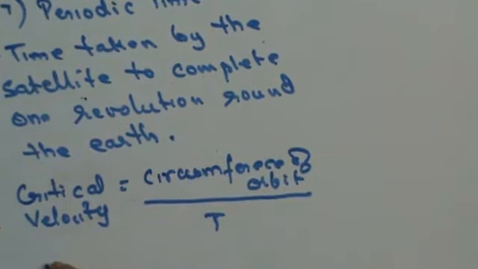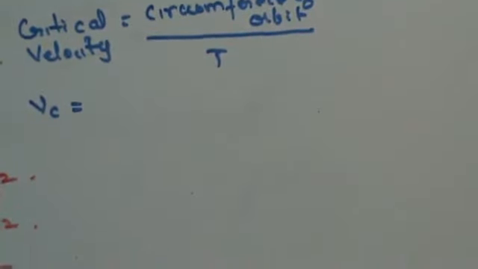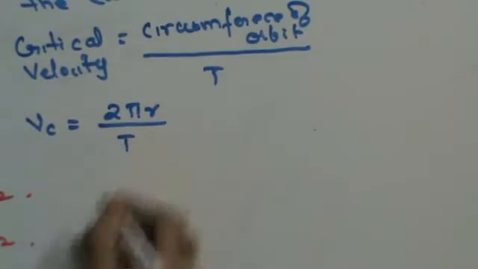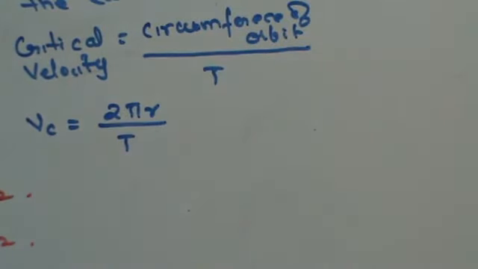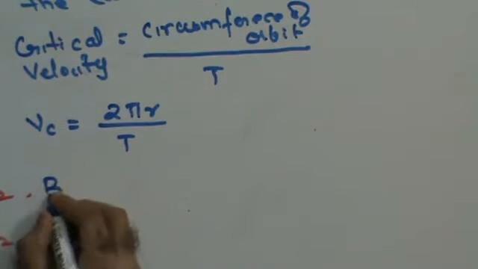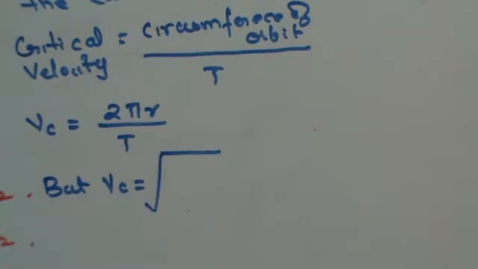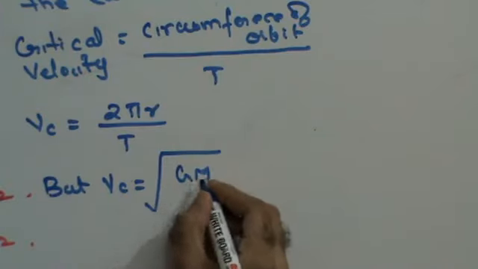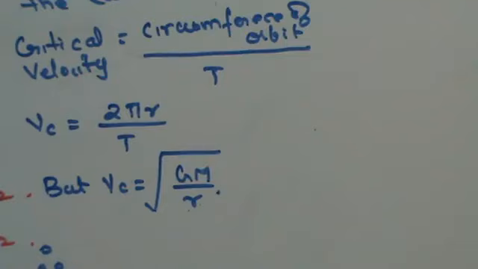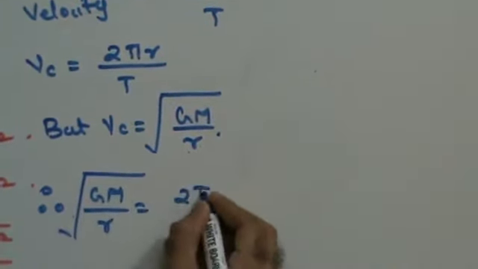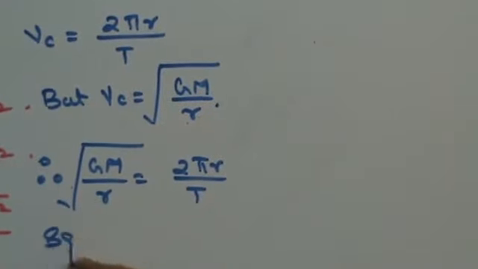Therefore Vc is 2 pi r upon T, assuming that the satellite is at a distance of h above the surface of the earth. But we have already derived that Vc is square root of GM upon r.